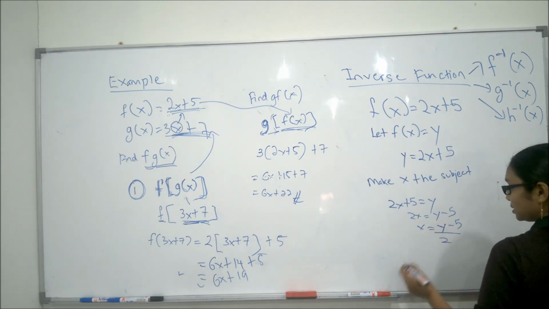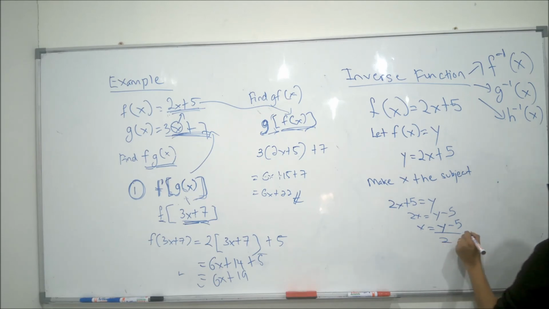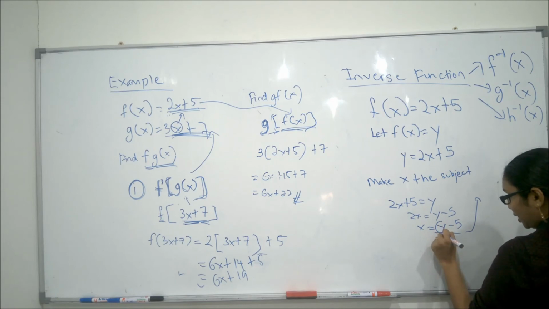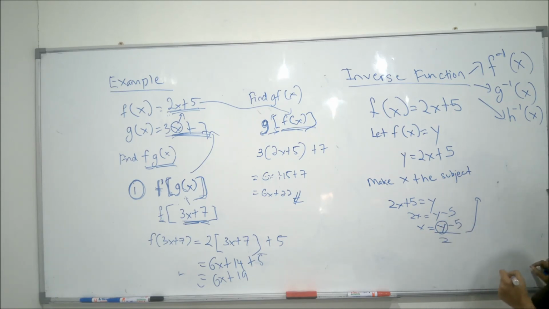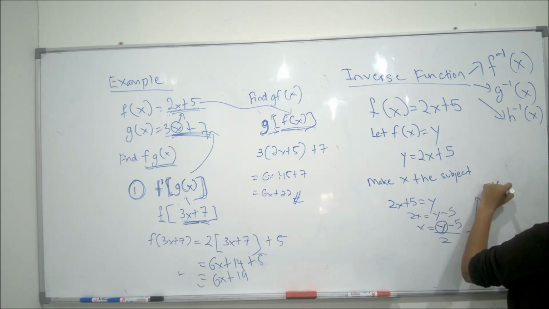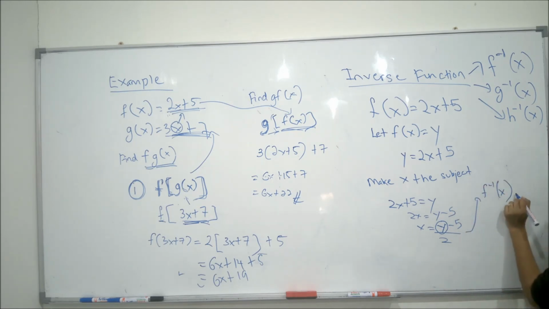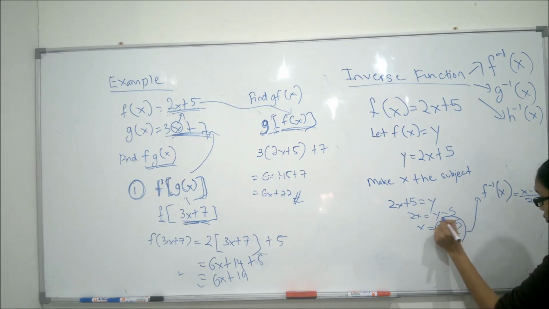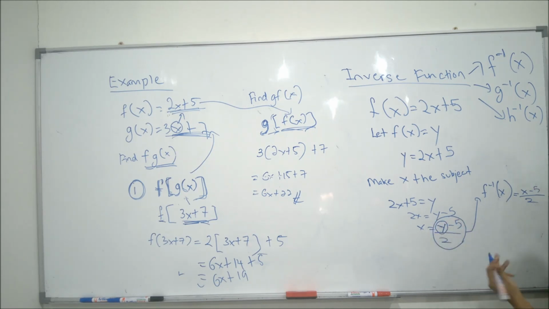Final step is to change this particular value here back into x, which means that you write this as an inverse function equals to x minus 5 over 2. The same notation. I have to change it back to an x, right?